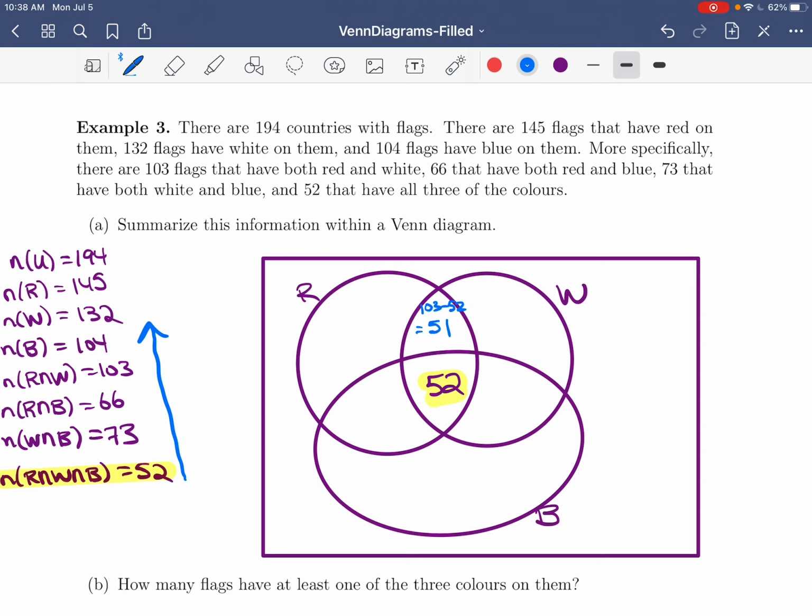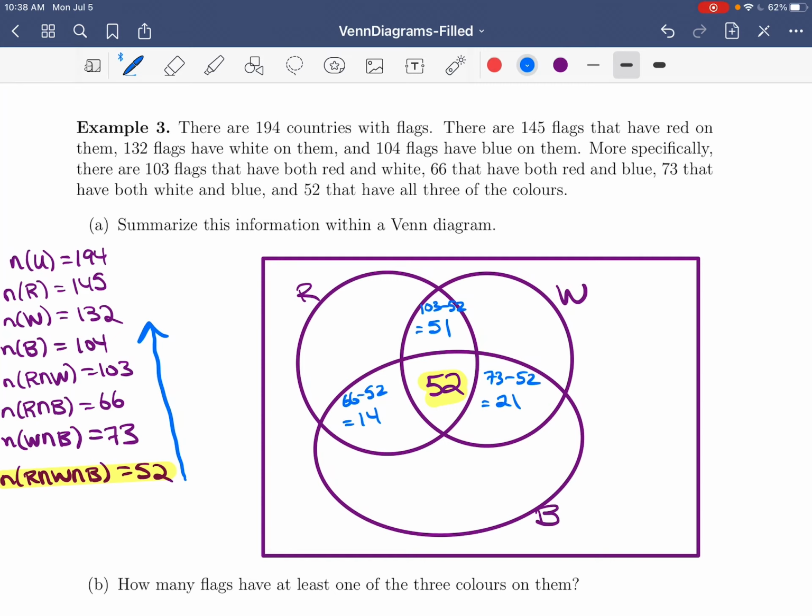Similarly, red and blue is 66, so this is going to be 66 minus 52, or 14. White and blue is 73, and then I subtract the 52, so that's going to be 21.